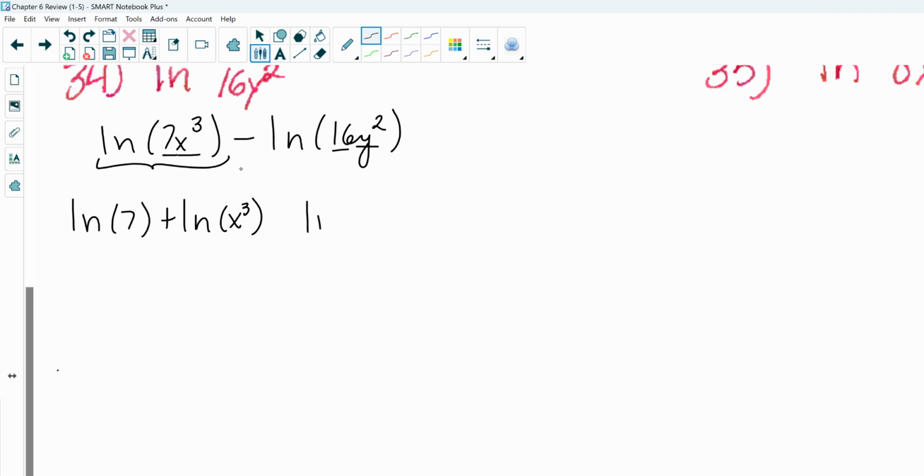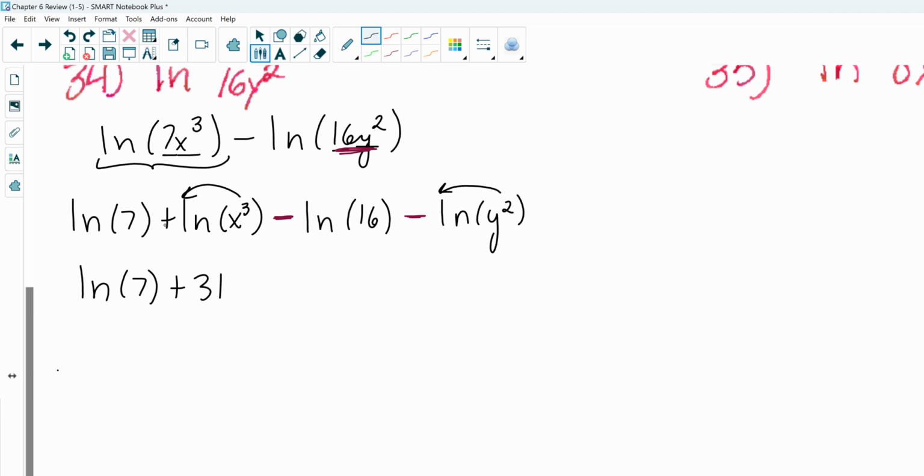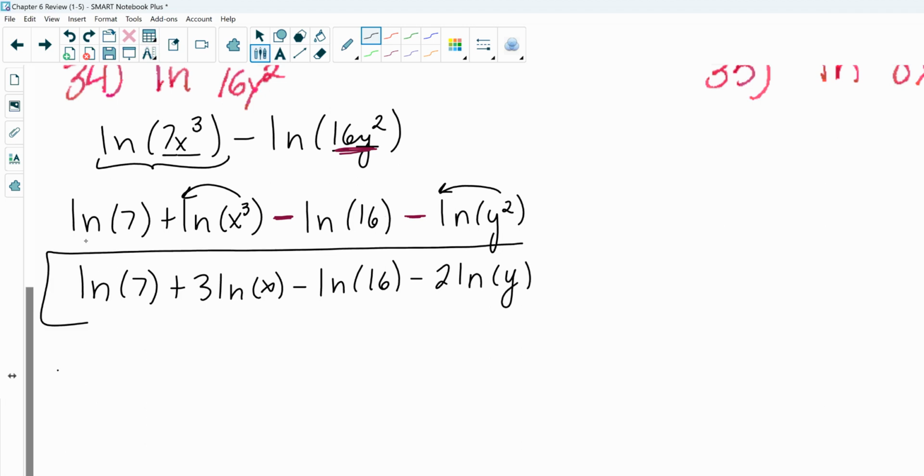Now we can do a similar thing with our 16 and y squared. You get ln of 16, ln of y squared. But because these are both in the bottom of the fraction, the sign in front of both of them is going to be minus. Now lastly, we can deal with our exponents, which would give us ln of 7 plus 3 ln of x minus ln of 16 and minus 2 ln of y, as we've seen in the previous ones.